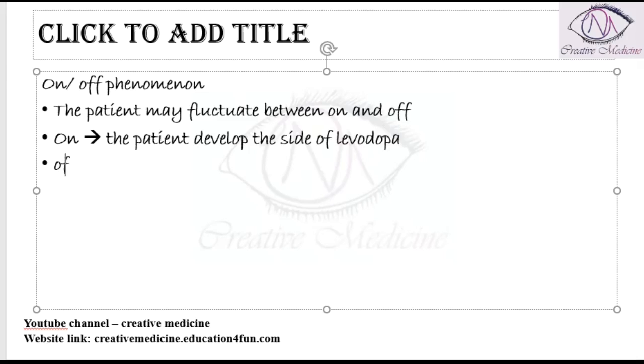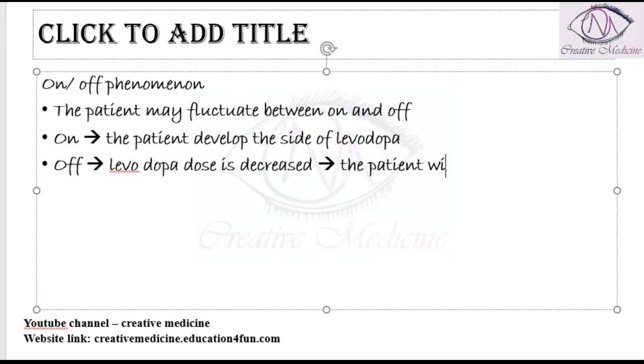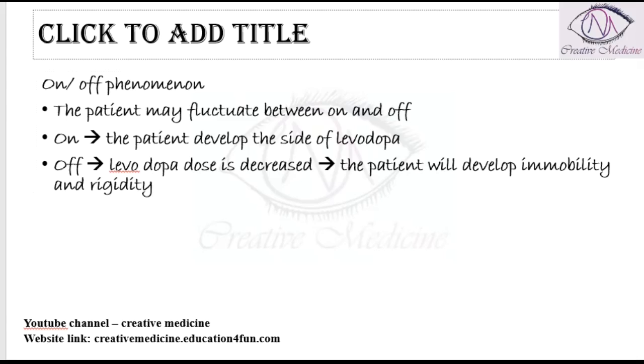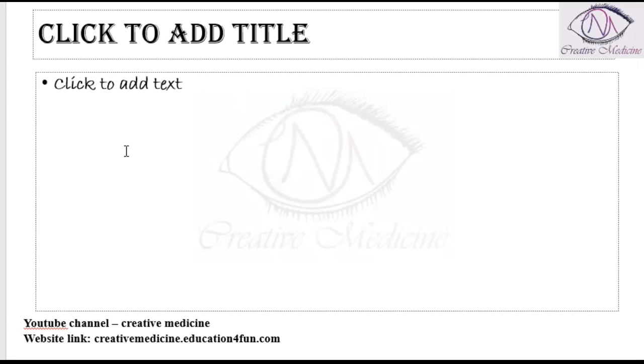Whereas in the off phase, the levodopa dose is decreased, so the patient will develop immobility, rigidity, and also akinesia. This is seen at the later stages after using levodopa for a prolonged period of time.